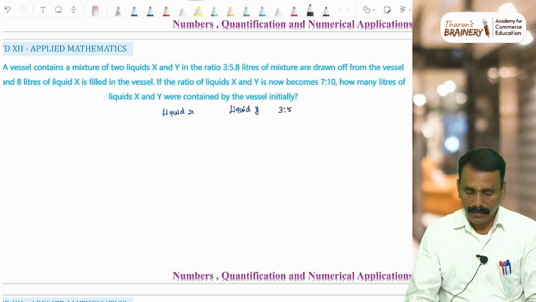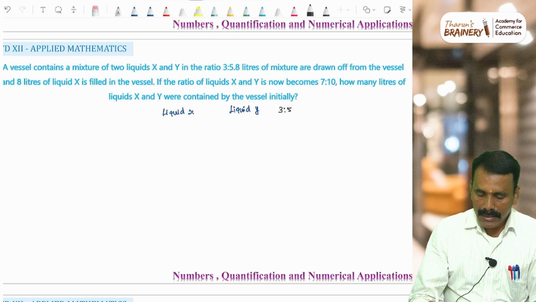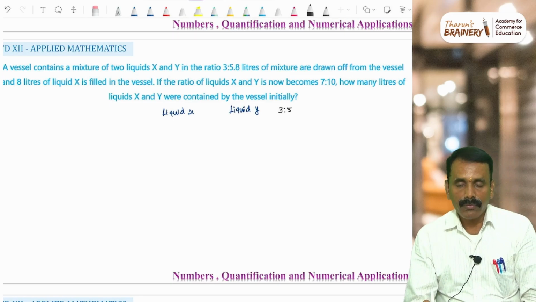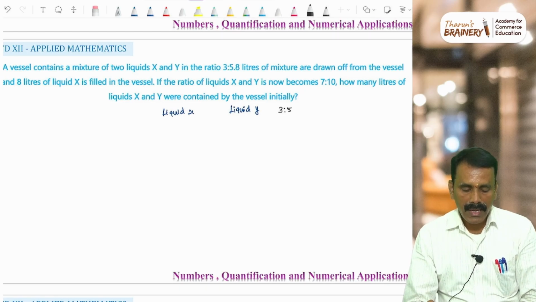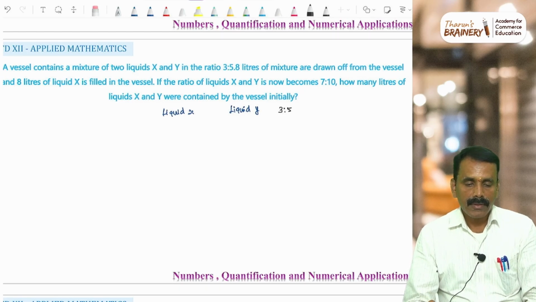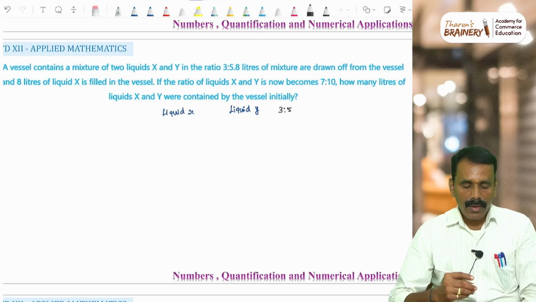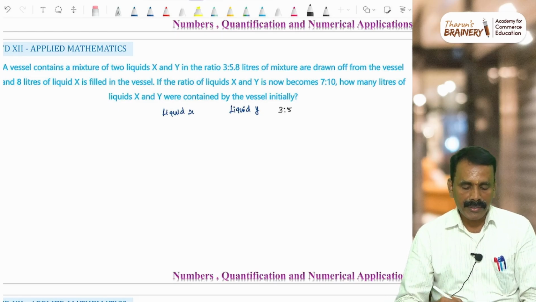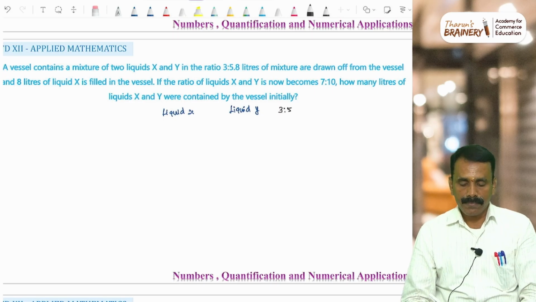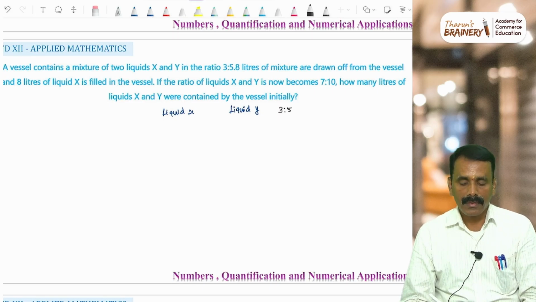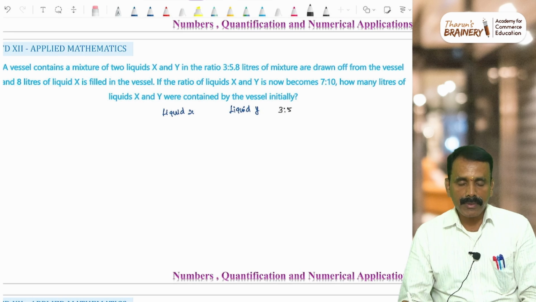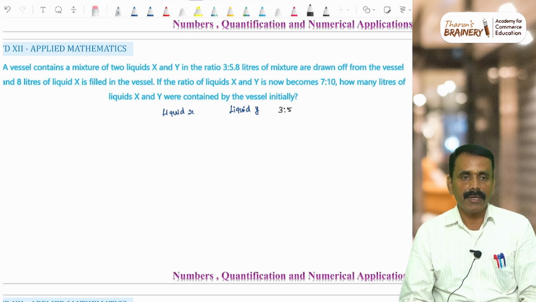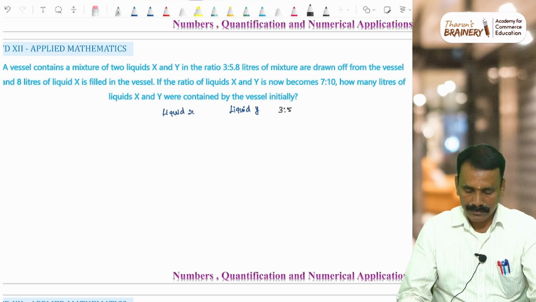In this mixture, we are going to remove 8 liters and instead we are going to add 8 liters of liquid X. So we are adding more amount of X. After that, the ratio of the mixture turns out to be 7:10. So how many liters of the liquids X and Y are present in the beginning? This is what the question is.